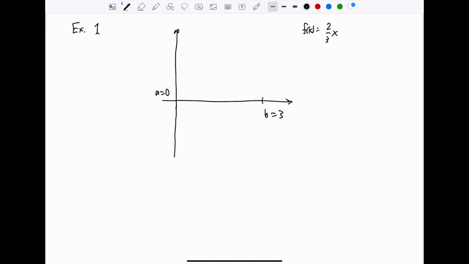When x equals 3, y will equal 2. So my line looks something like this. I will rotate that graph around the x-axis. Now you can imagine what this would look like if we rotate around. If we spin this graph, we will have a cone-shaped solid.